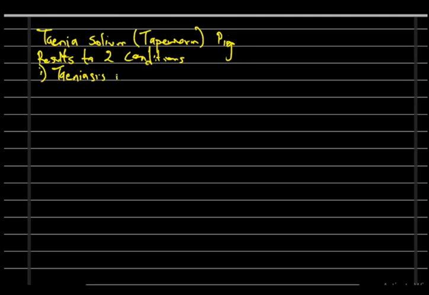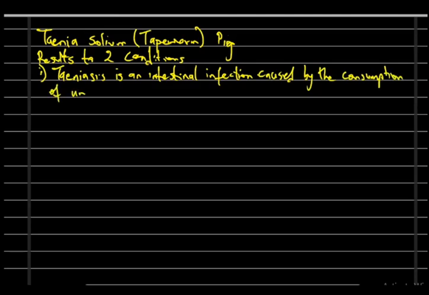So it is an intestinal infection caused by the consumption of undercooked or contaminated or infected pork meat, which is the meat from a pig. So that is how we can actually get the taeniasis.